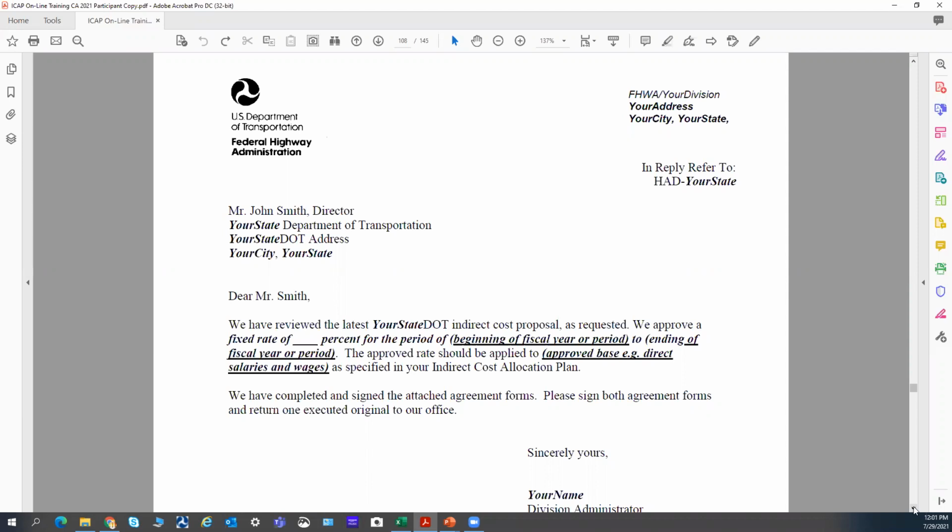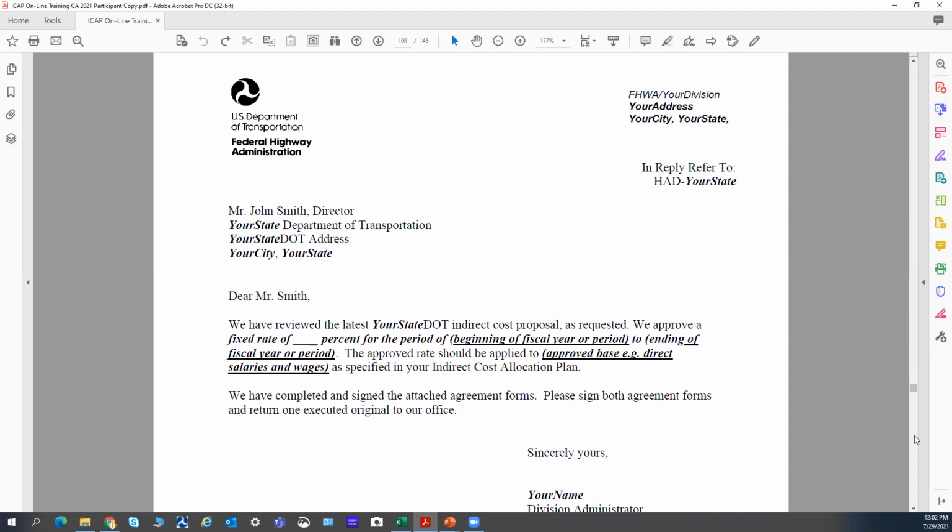Yours should have supporting documentation, spreadsheets, and calculations for how you came up with your billing rates. And then there should be some sort of narrative or explanation that tells whoever you're submitting it to for approval how they were developed. So tomorrow, when we talk about reviewing, we'll probably revisit this ICAP.